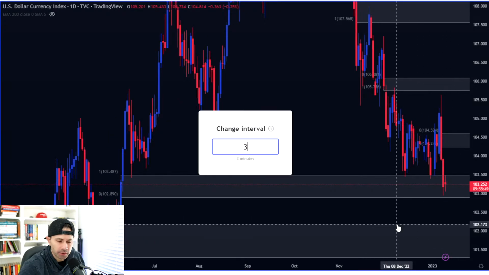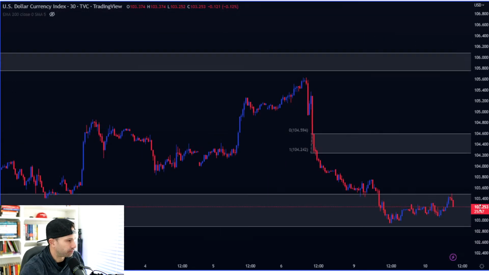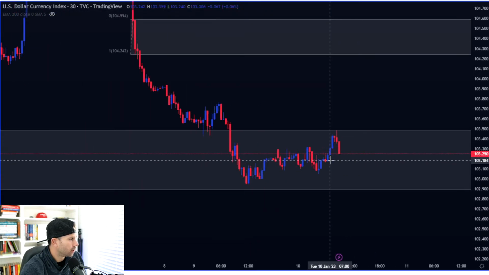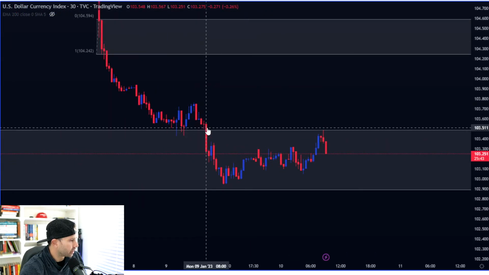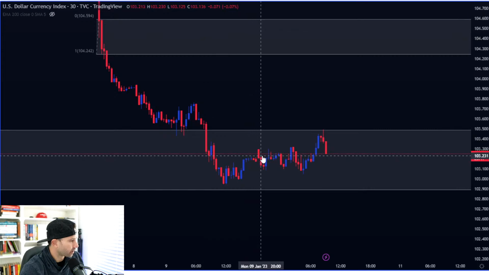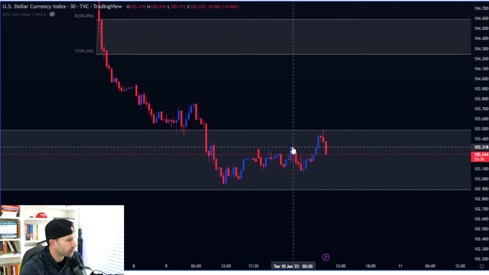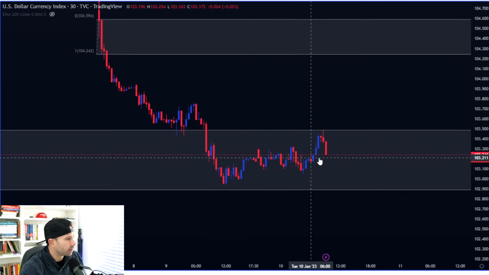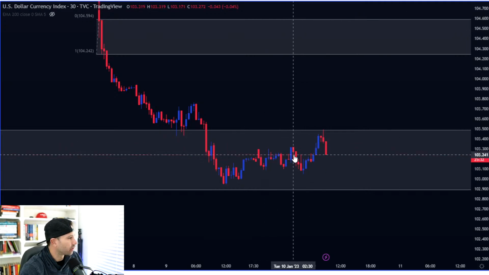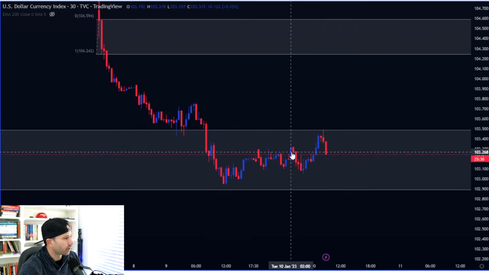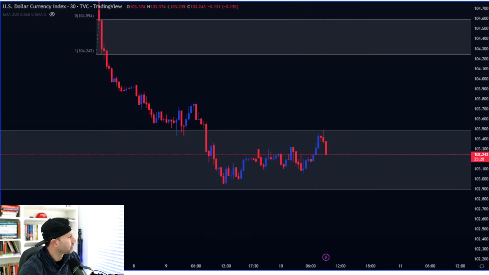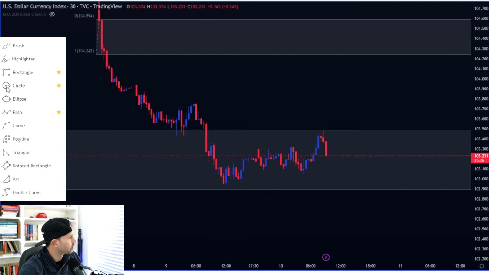If we go to the lower time frame, let's go to the 30-minute. And on the 30-minute, we can find very sideways movement during the London Open, right here. So this is the area that is going to put interest in our trading today.